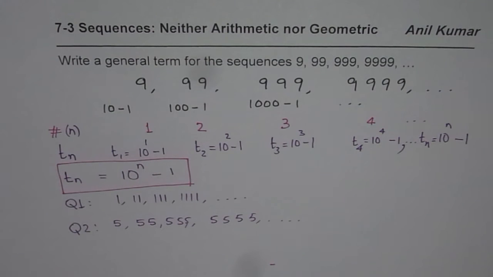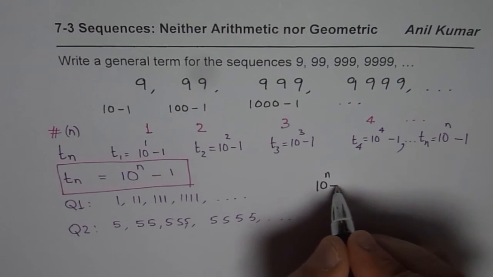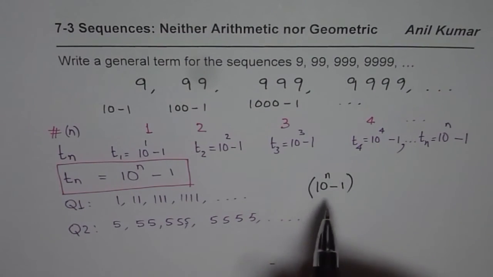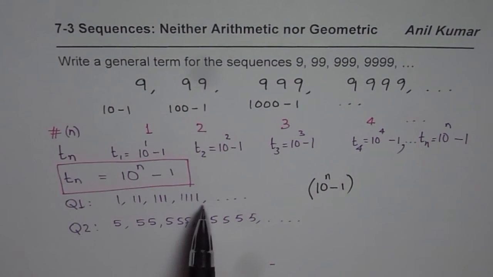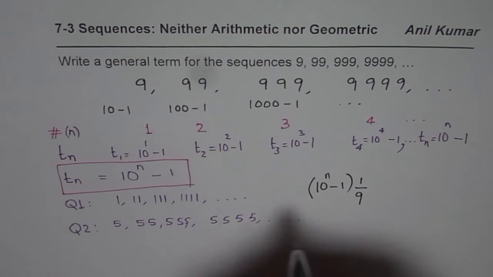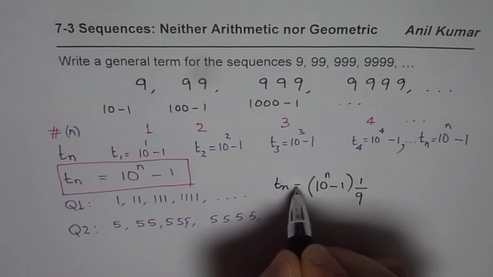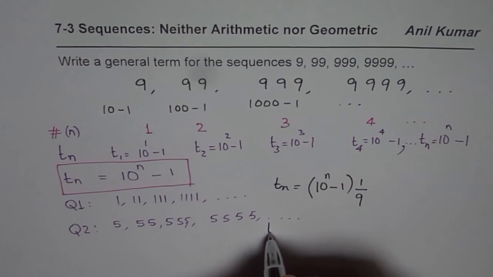Let me give you the answer here itself. We know that 10 to the power of n minus 1 is going to generate 9s, right? We need 1s. What should we do? We can divide this by 9. Do you see that? So we can write Tn as this for the first one. Now you got it. For the last one, or the second question, you can write Tn as what?